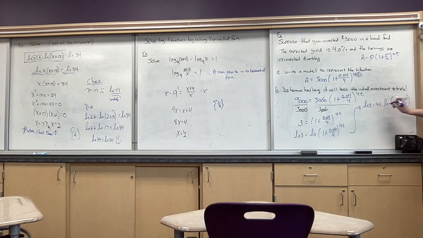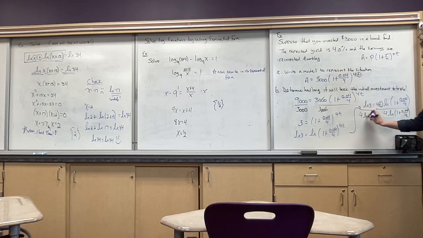And let me just circle, just keep it in mind what we're trying to solve. We're trying to solve for t, right? We don't want that to go away. So my last step, I have a 4 and a natural log. That's multiplying the t, right? So the opposite of multiplying is dividing. So what I'm going to do is divide everything by 4 times the natural log of what's in the parentheses. So both sides are being divided by that.